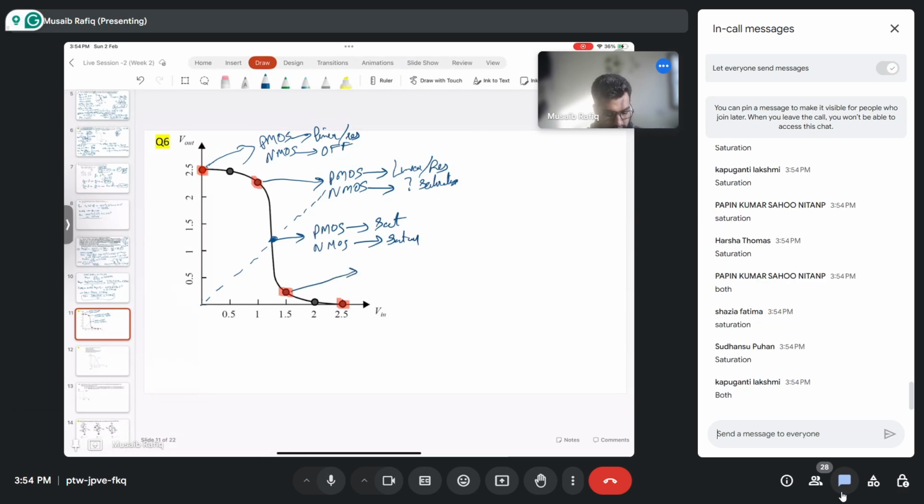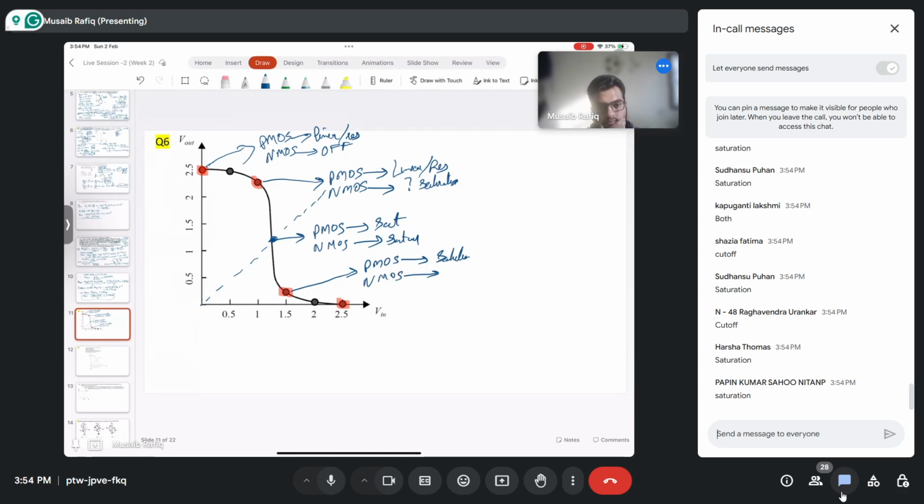What about this point? What is PMOS here? I'm getting mixed answers. Anyone? Yes, it's saturation. And NMOS? Linear, correct.